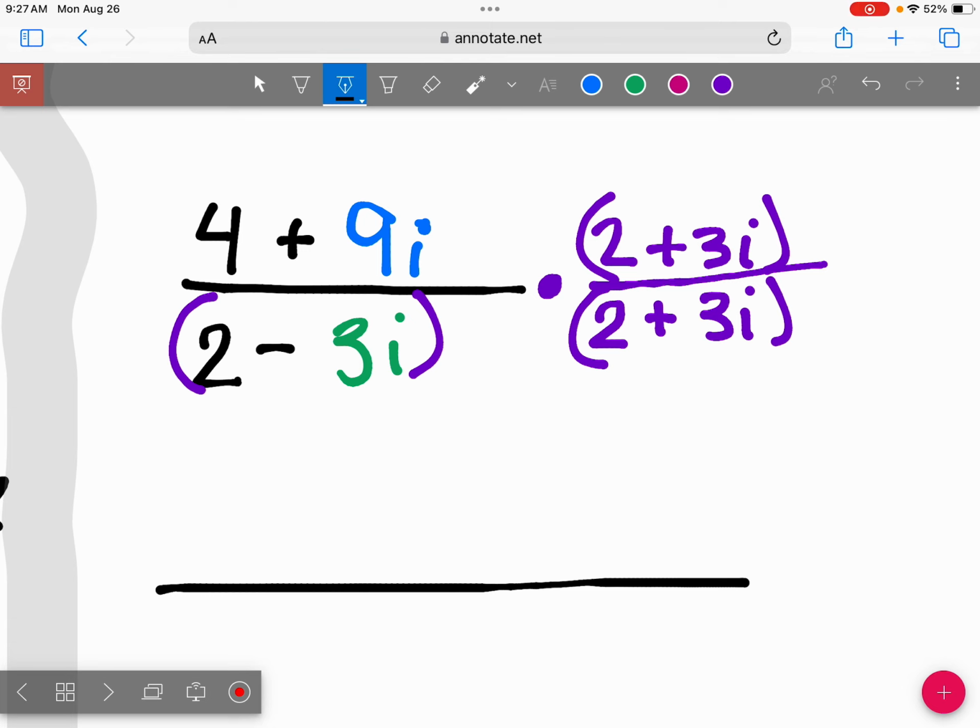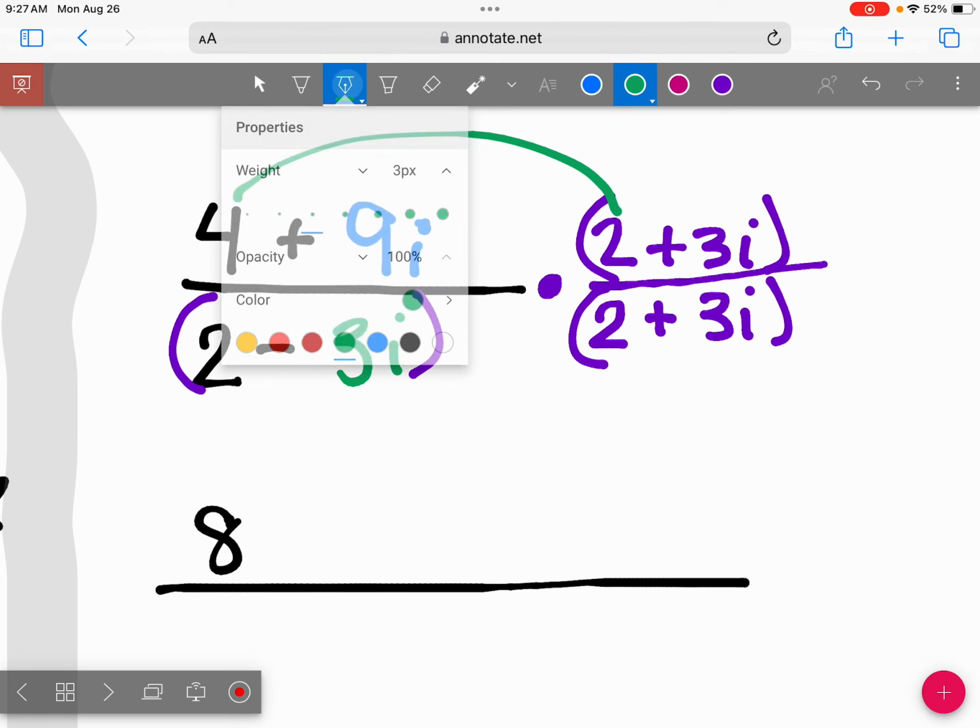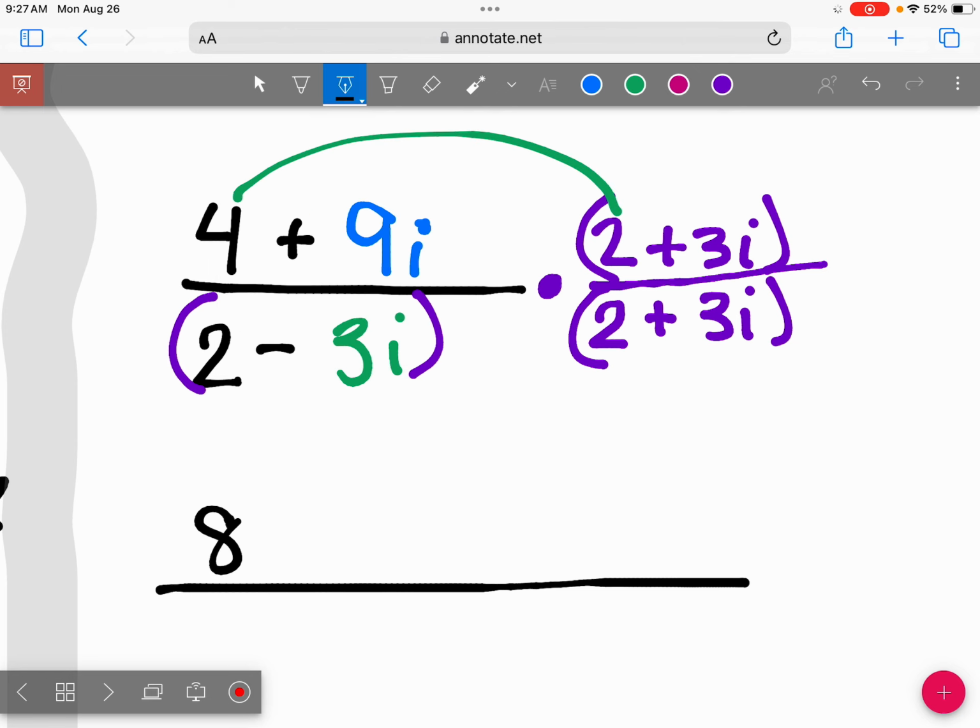Super duper careful, because 4 times 2 is going to give me 8. And then we have our plus 2 times 9i, 3 times 4i. So we have 18i plus 12i. So we're going to have plus 30i.